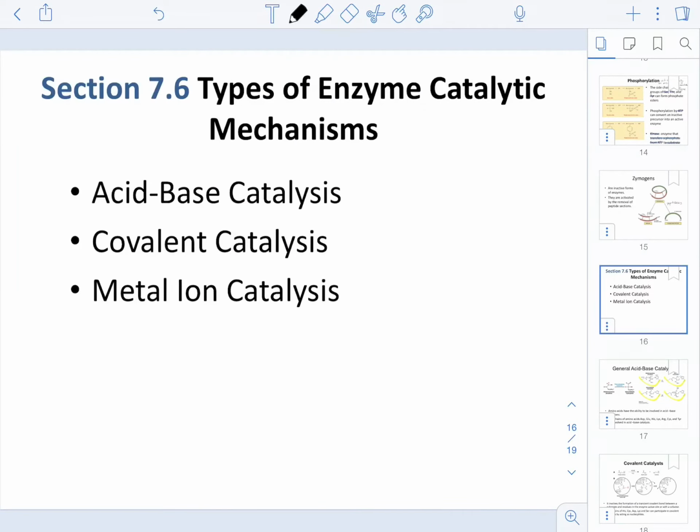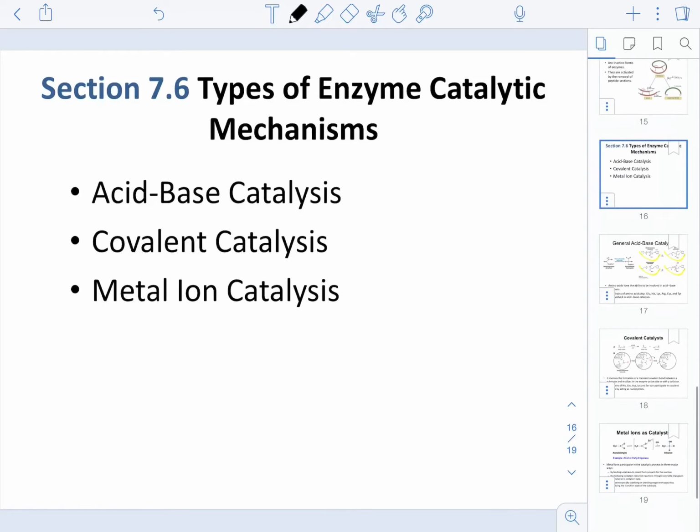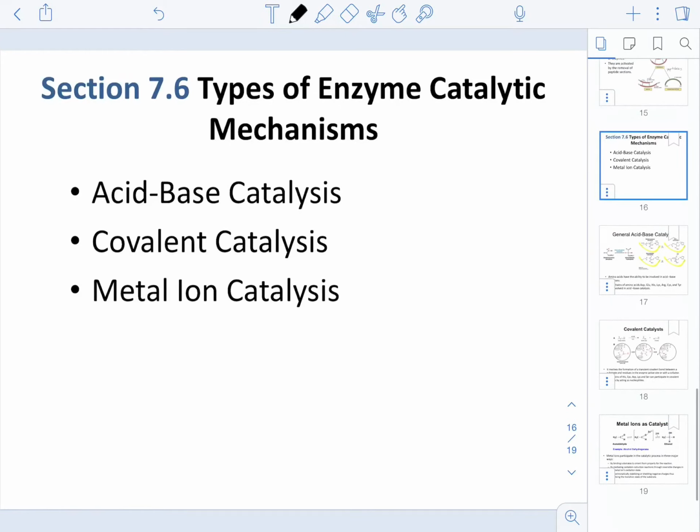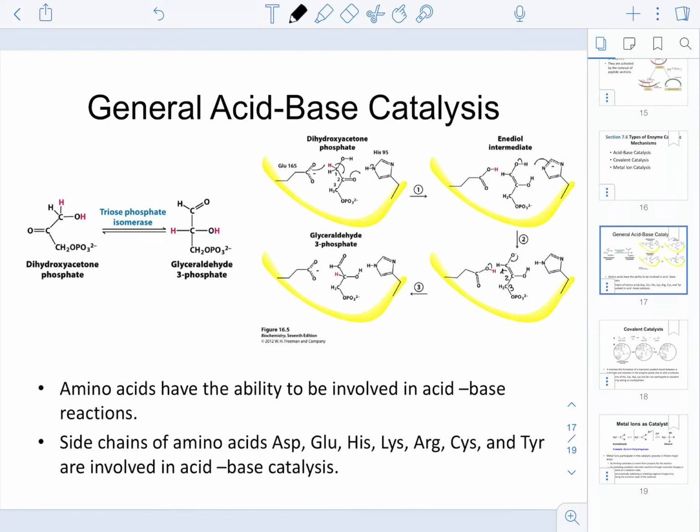Lastly, we are going to talk about the different types of catalytic mechanisms. Even though the textbook has a discussion on other types, you guys are responsible for knowing acid-base catalysis, covalent catalysis, and metal ion catalysis. So when it comes to general acid-base catalysis, as you can see, we're going to have amino acids being involved in acid-base reactions. So what that means is that we are going to have proton transfers.